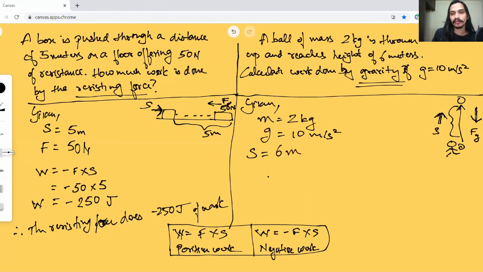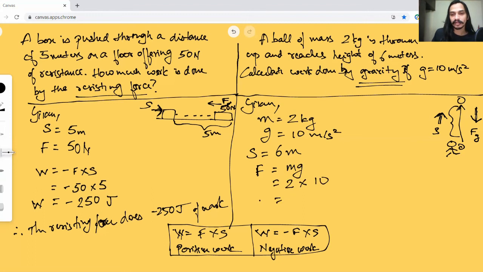Now we know W equals minus F into S for this case, but over here we do not have an F value, right? We still don't have the force, but we already learned how to calculate force, which is mass into acceleration, in this case acceleration due to gravity. So I will first calculate the F value, that is 2 into 10.